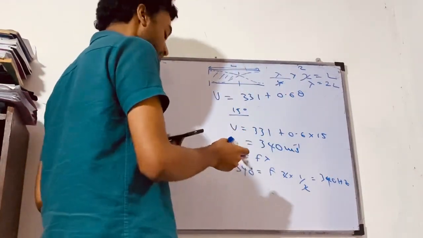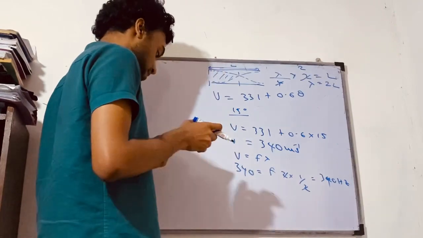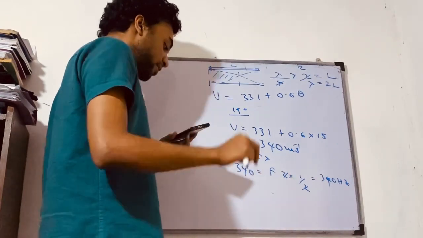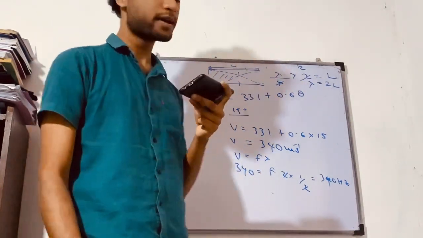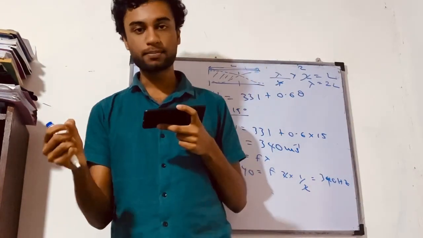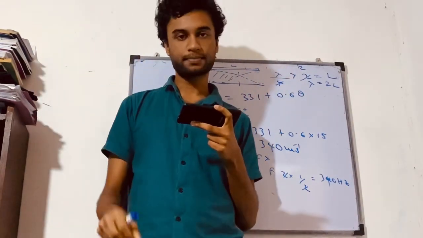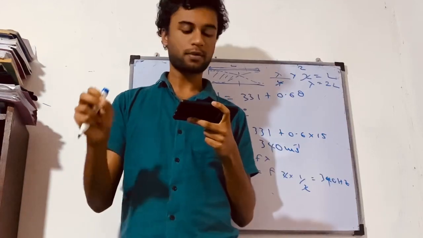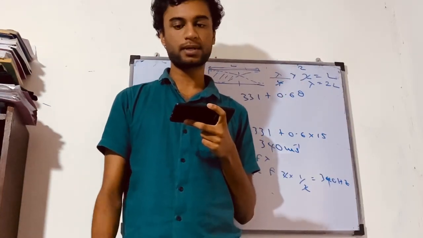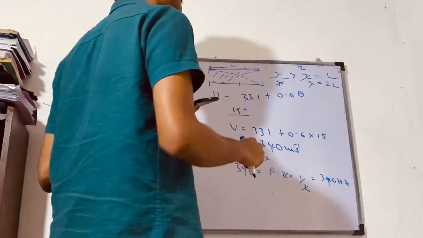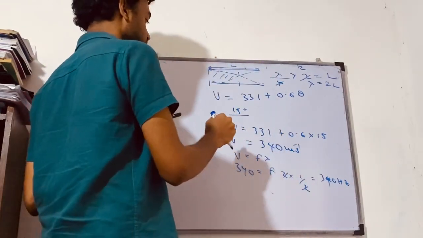But now what are they going to do? If the temperature of one pipe is raised to 30 degrees, what would be the number of beats produced per second? It's very easy. So now we are raising the temperature to 30 degrees.